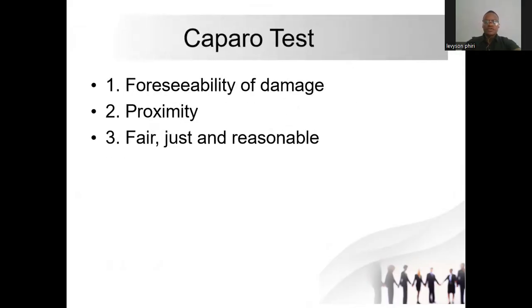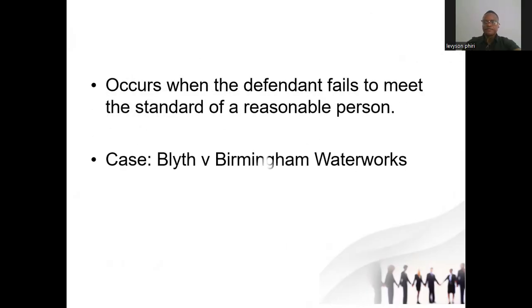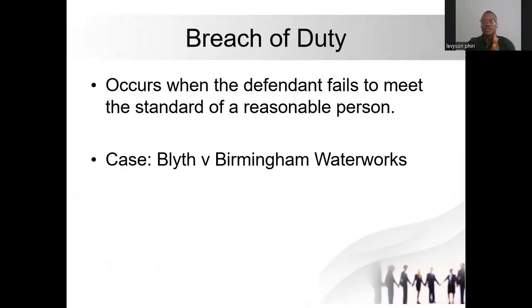And we also have the Caparo test. One, foreseeability of damage. Number two, we have proximity. And number three, we have fair, just and reasonable. That's all about duty of care.